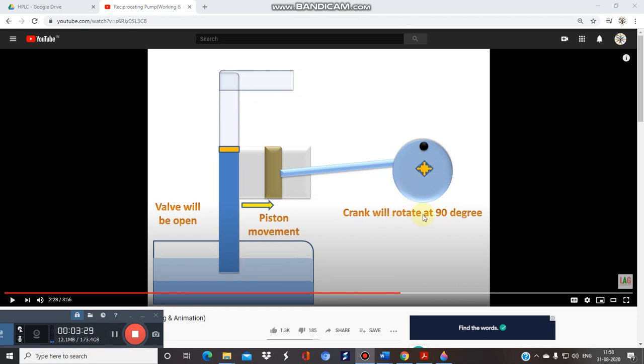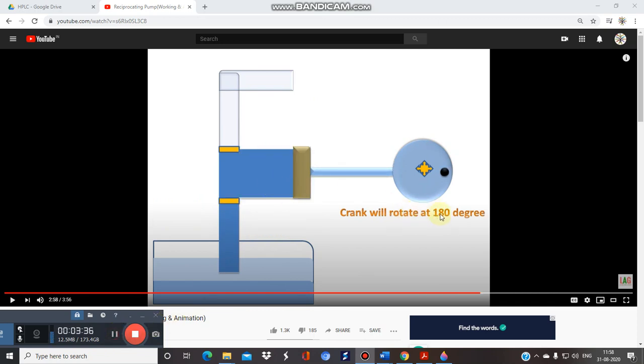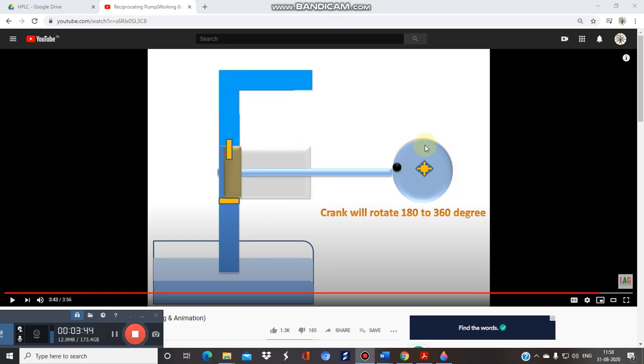At the first position, when it rotates 90 degrees, the water will go to this point. Again at 180 degrees, the water will be at this location, and this is the piston movement. Finally, when it is rotated 360 degrees, the water will go inside the discharge tube.